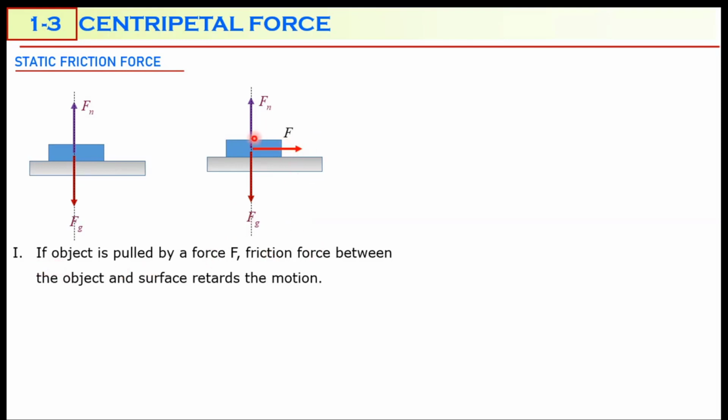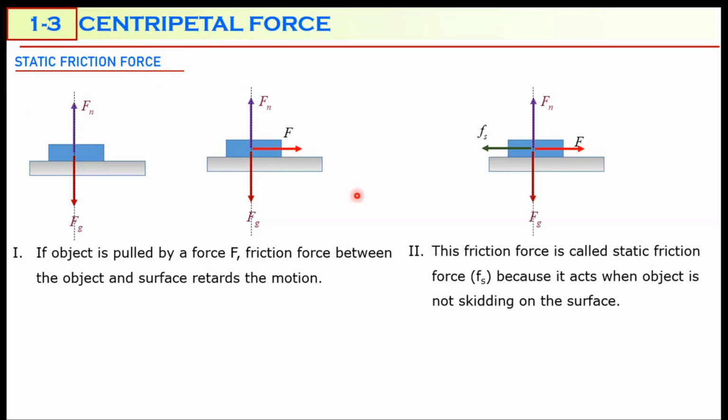So when you pull this object to the right with a force F, and this object is not coming to the right in the direction of this force, you can easily predict that there must be a fourth force which stops this object from being in motion. That fourth force is named the friction force, which is between this surface and this object. And this force is known as static friction force.